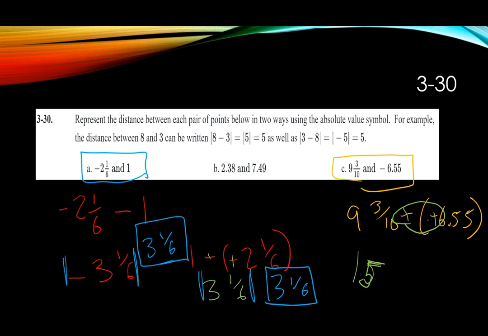And then the 3/10 plus the 0.55. Well, 3/10 I know can be written as 0.3. So I'm going to add 0.55. And that's going to give me 15.85.